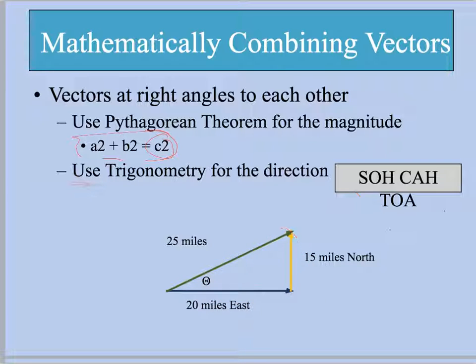So if we were to go through and solve for this green line, now again, let's imagine that this value isn't here. This is unknown. 25 miles is the unknown. And you were asked to find the value of the resultant. Well, how would it look just on paper before you drew it out? Well, we'd have one vector pointing this way.